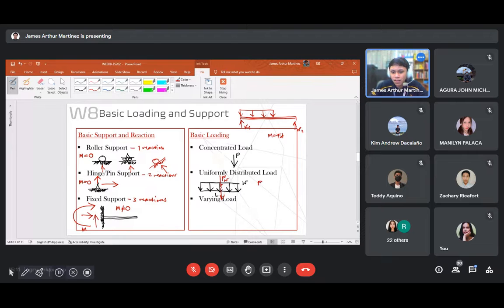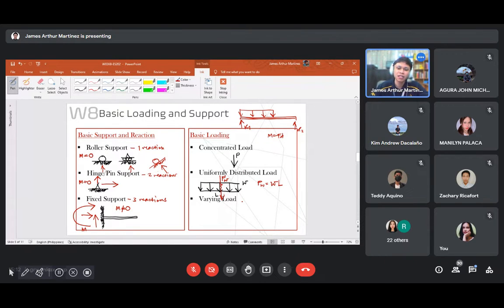The converted concentrated load of this uniformly distributed load is just W times L. The magnitude of your distributed load multiplied by the span where it acts. If you look at it, it looks rectangular, so it is just like the area of a rectangle: W times length.